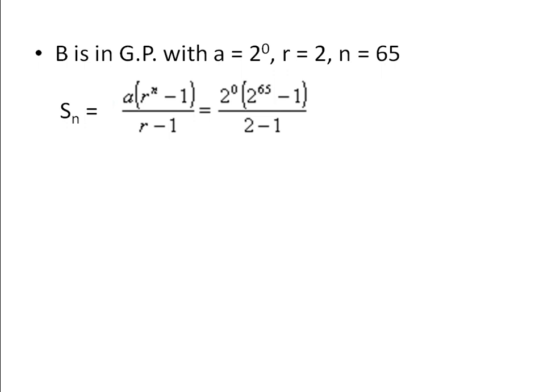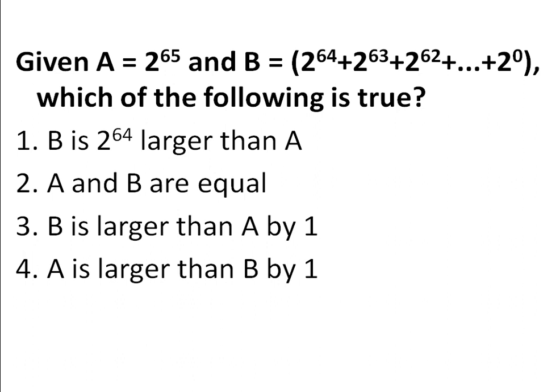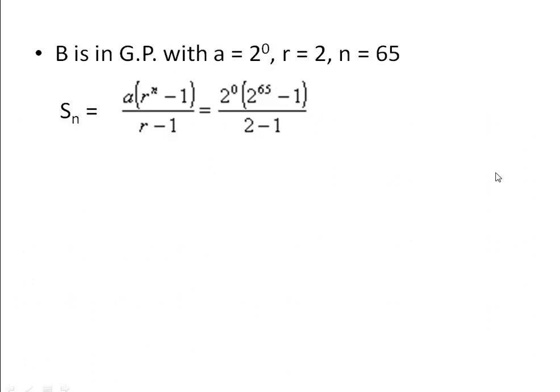Here, we have seen this formula previously. I hope you have noted this formula. What is given? A is equal to 2 power 0, and R is equal to 2. N is equal to 65. So you apply in this formula A into R to the n minus 1 by R minus 1.